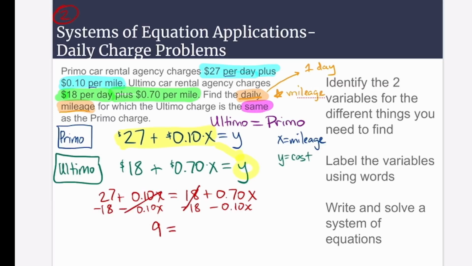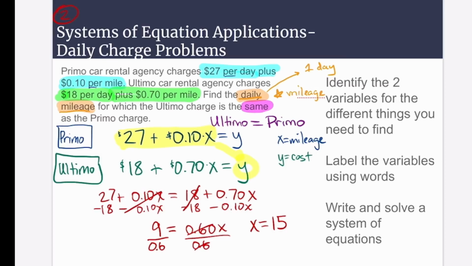So 9 equals 0.60x. And then we're going to divide by 0.6. And this is going to give us our answer. And that's going to give us 15. So x is equal to 15.